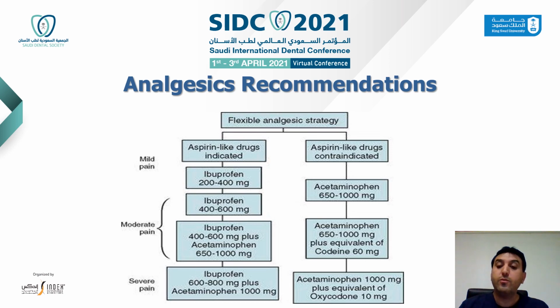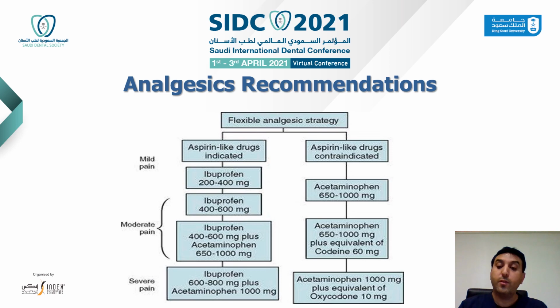So when we explain how we can make the strategy for the patient who can tolerate ibuprofen, the ideal first choice is 200 to 400 milligrams of ibuprofen. This is for mild pain.